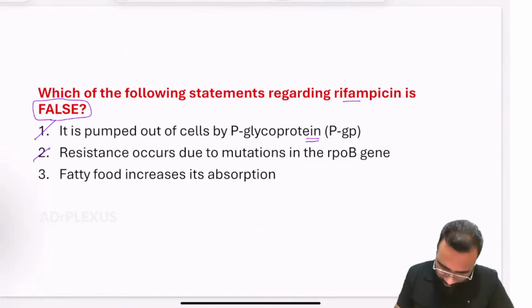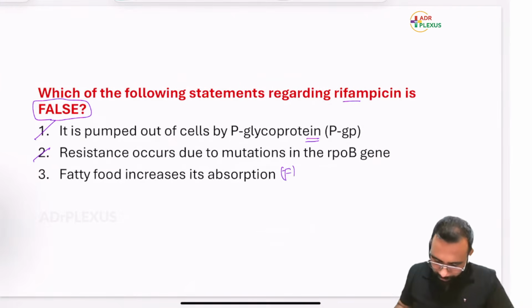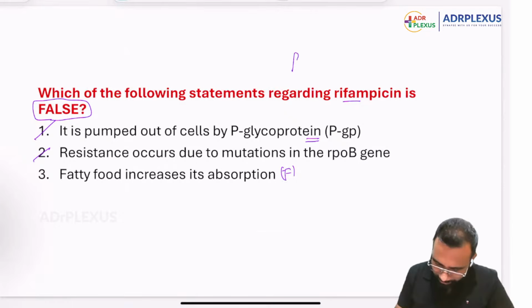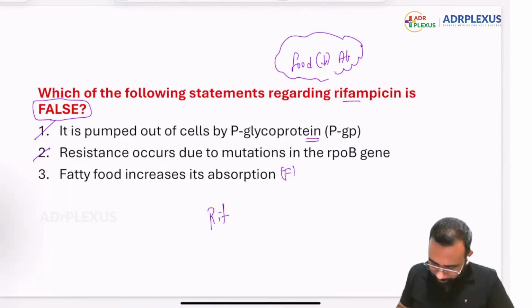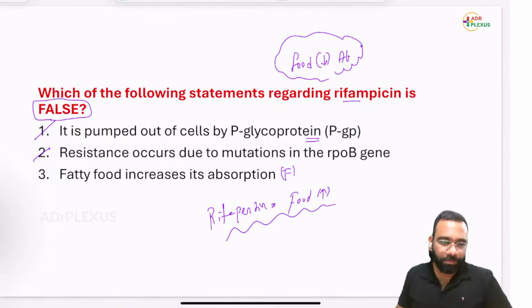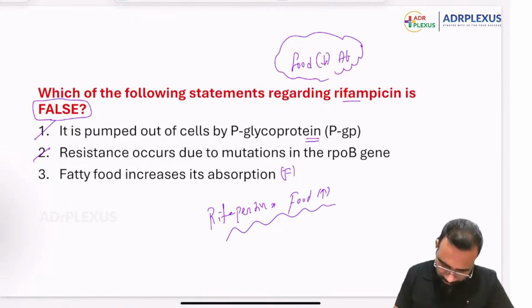Fatty food doesn't increase the absorption. Food decreases the absorption of rifampicin, which increases absorption for rifapentine. Food increases the absorption of rifapentine. So here, this will be the correct answer.